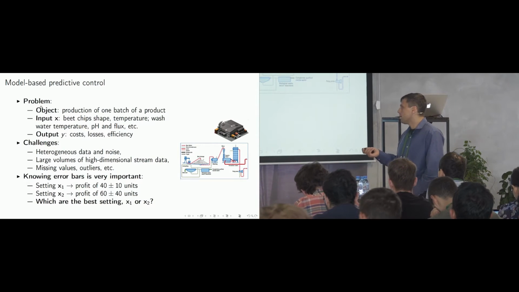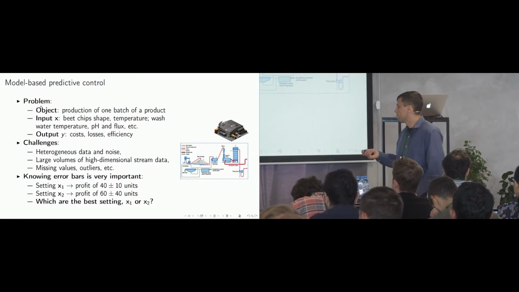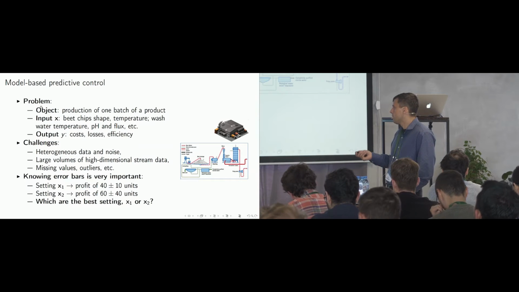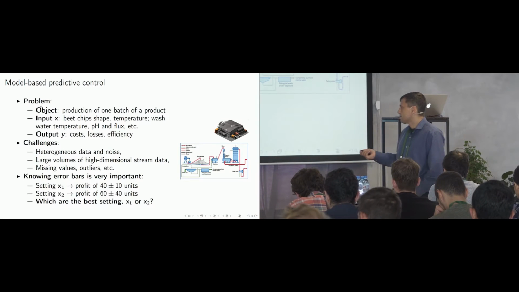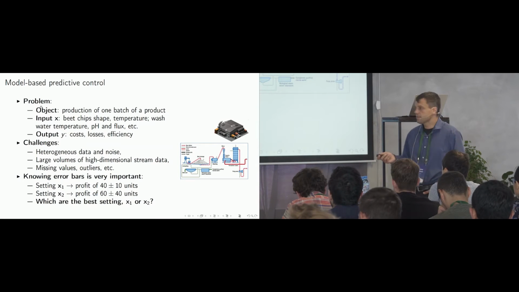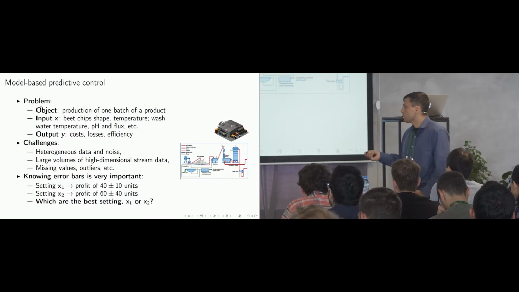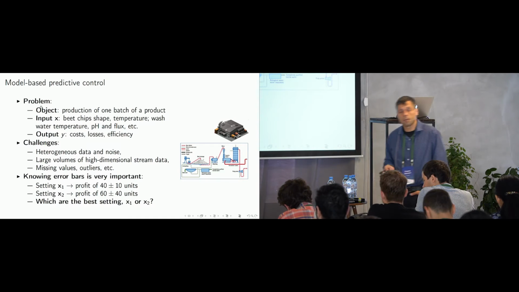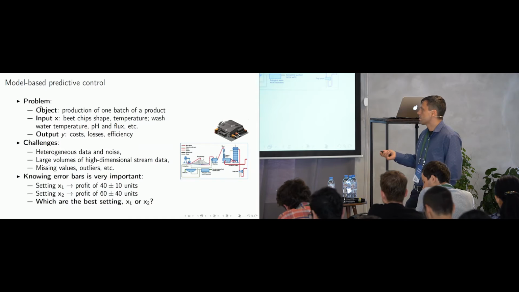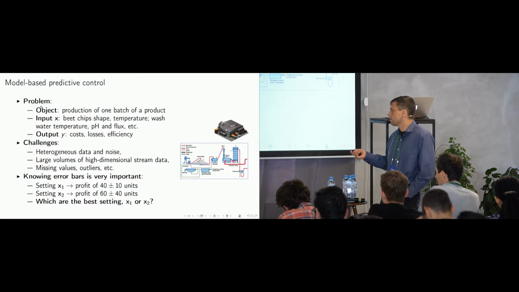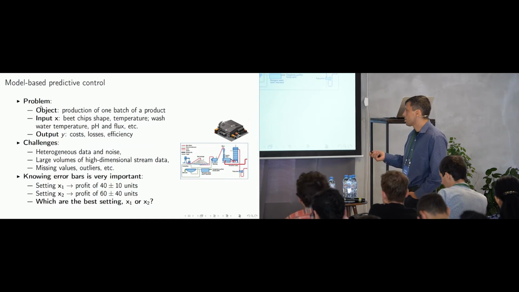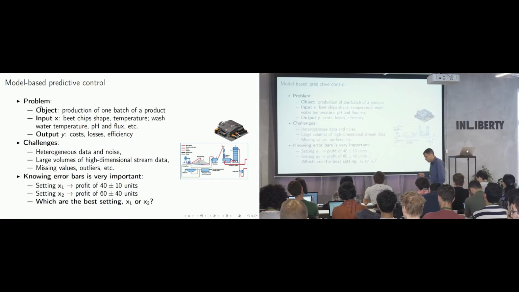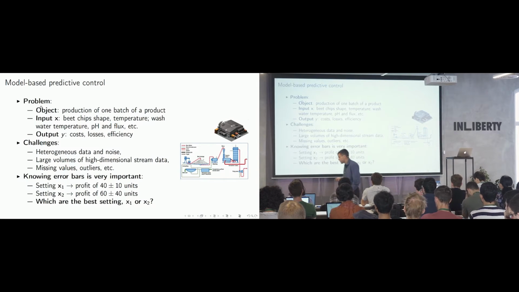If with this model we predict that for some particular setting profit will be like 40, and for another setting profit is 60, but we are able to predict that the uncertainty for the second case is significantly bigger, of course it's better to select the first setting of technological parameters because it is more robust and it will be better for more stable production.